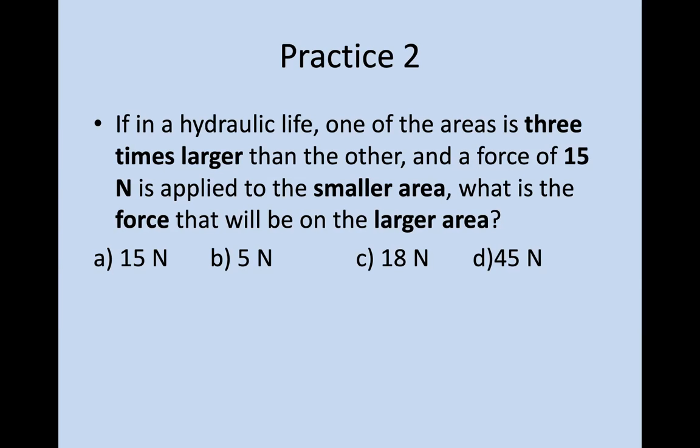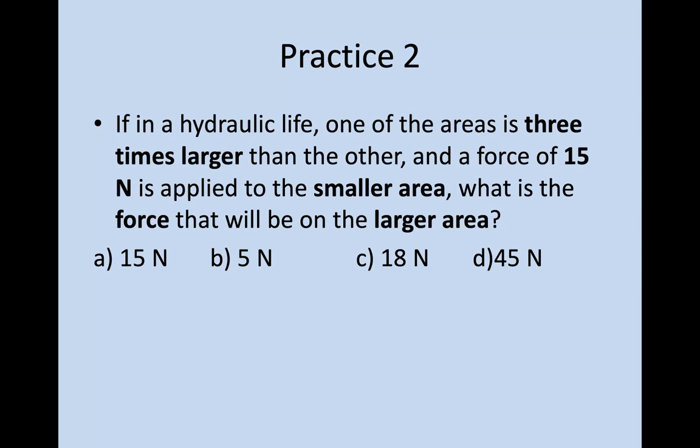All right, let's look at this practice question. This one's laid out like a test. If in a hydraulic lift, one of the areas is 3 times larger than the other, and a force of 15 newtons is applied to the smaller area, what is the force that will be on the larger area? All right, think about that one for a second, especially considering the question that we just did.